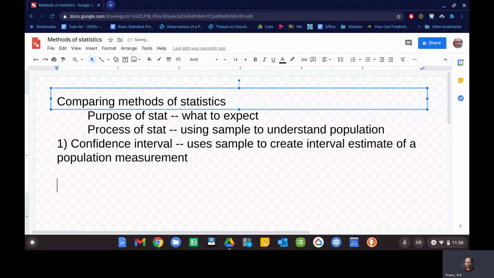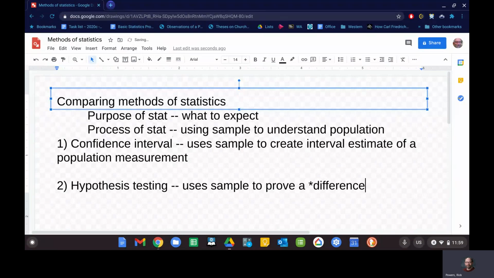A few years ago, most research dealt with something called hypothesis testing. And what happens with hypothesis testing? It uses a sample to prove a difference. And specifically, the difference that we start with is between a standard number and a population measurement.